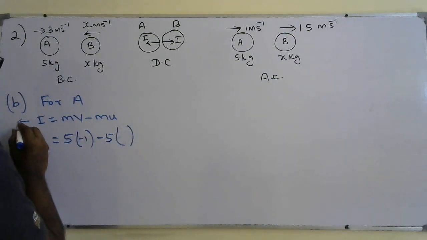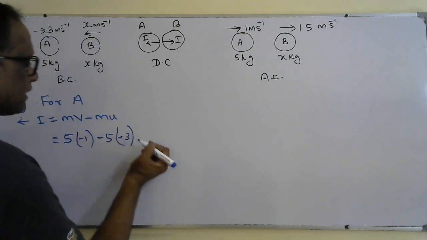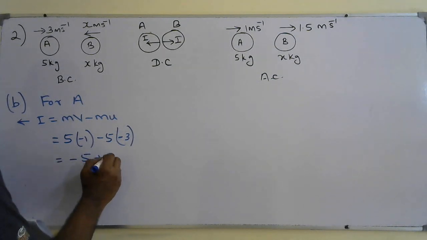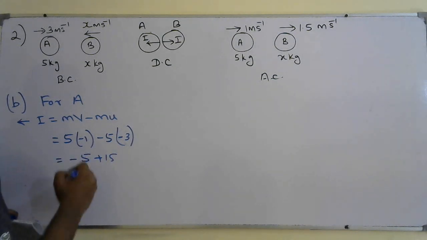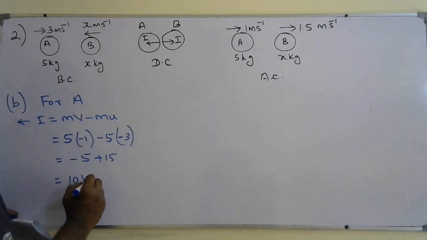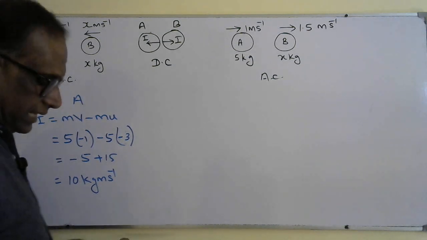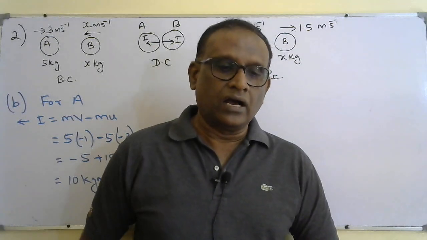That's also towards right. I am taking towards left as positive, so -3. Solve it: minus 5 plus 15. So it's going to be 10 kilogram meter per second. So the impulse experienced by A is 10 kilogram meter per second.